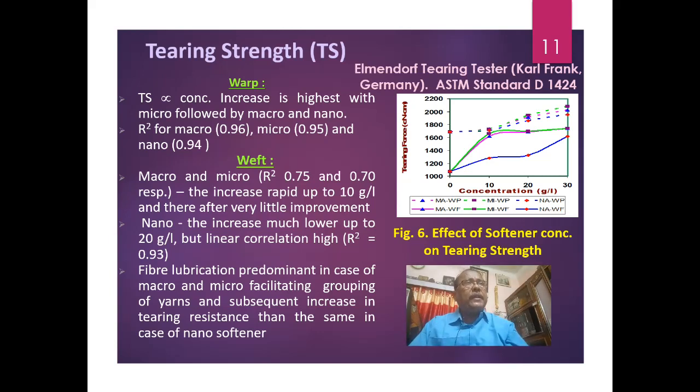For nano, the increase is much lower up to 20 grams per liter, but the linear correlation is high, around 0.93. Fabric lubrication is predominant in the case of macro and micro, facilitating grouping of yarns and a subsequent increase in tearing resistance. The same applies in the case of nano softeners.